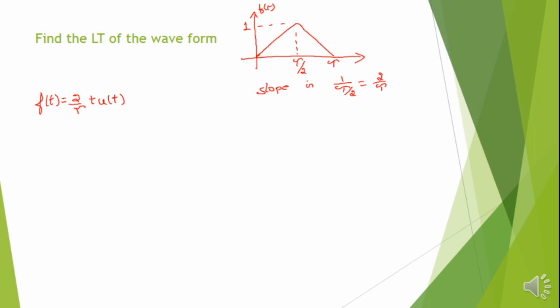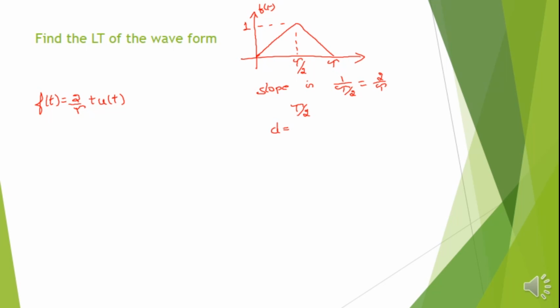Then identify the point where the slope changes. Tau by 2 is the point where the slope changes. So what is the change in slope, d? What is the slope of this line? Slope is change in y by change in x.